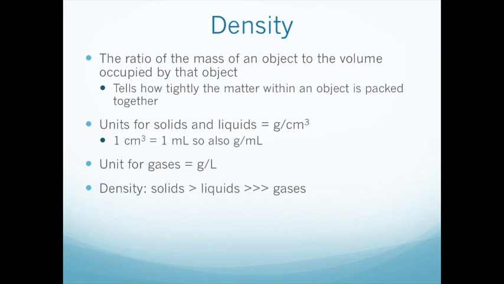It's a measurement of how tightly the matter is packed within that object. We generally use grams per centimeter cubed to represent the densities of solids and liquids. And for gases, we use grams per liter because gases are typically much less dense than liquids and solids.